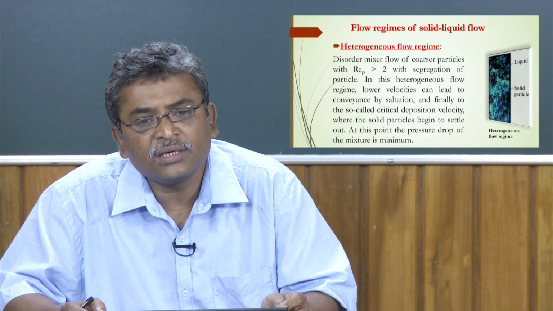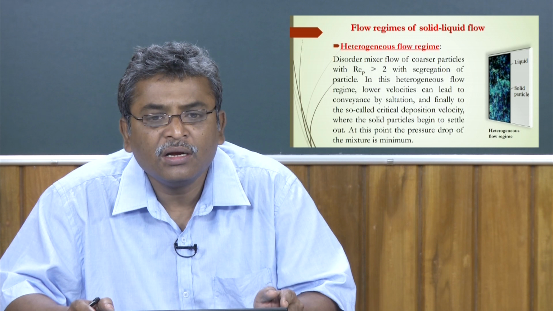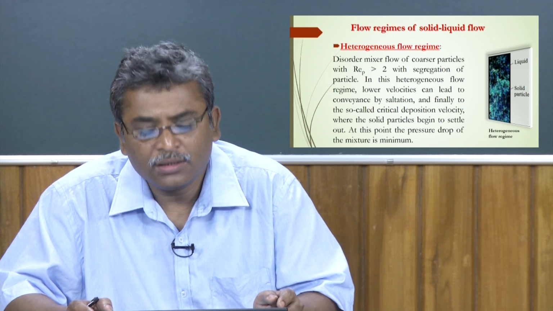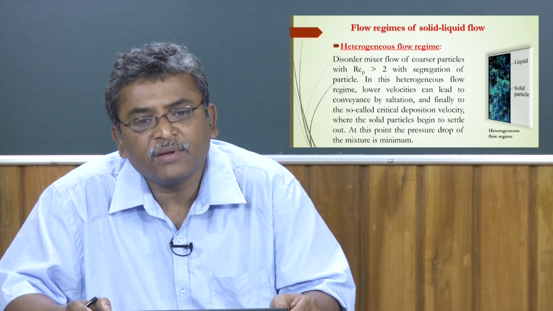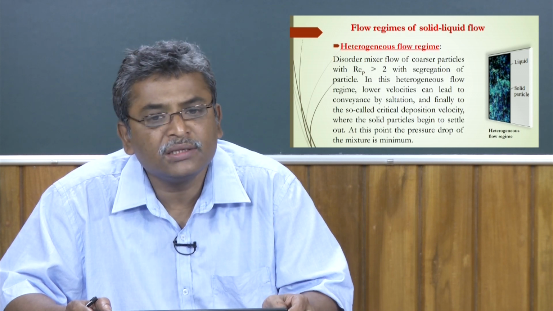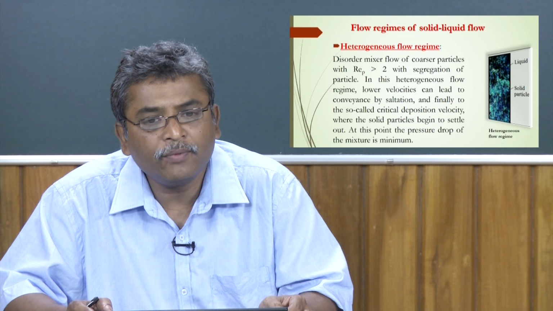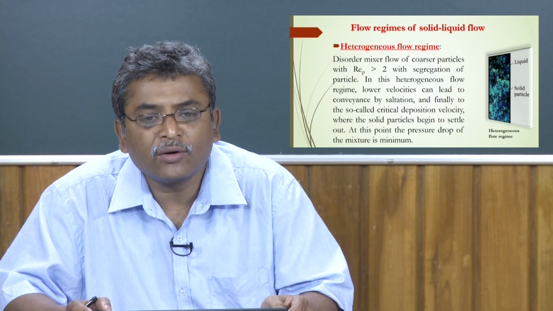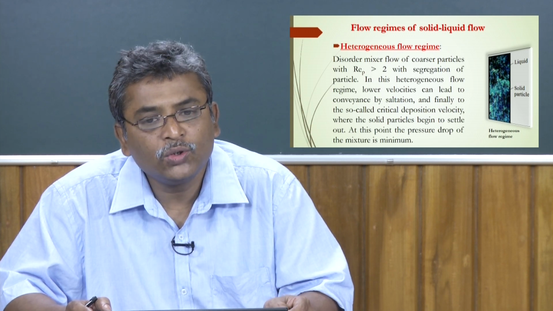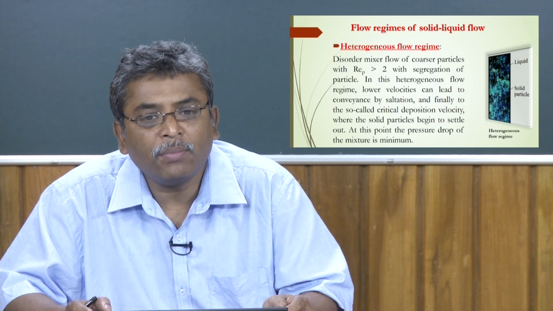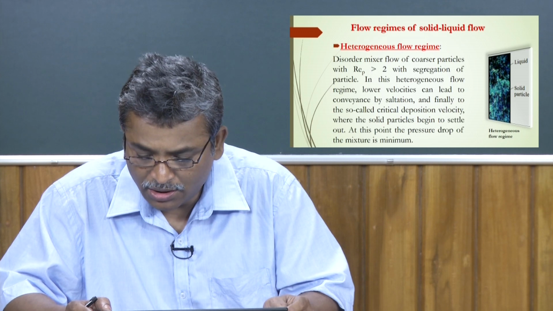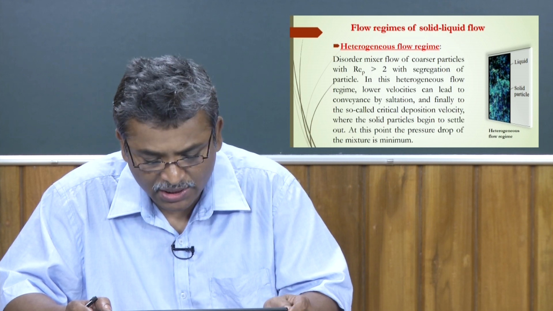In this case, of course, you will see a disordered mixture flow of the particles inside the bed. The velocity should be a little higher than in the pseudo homogeneous flow. The Reynolds number should be greater than 2, and segregation of the particles will be seen in this flow regime.